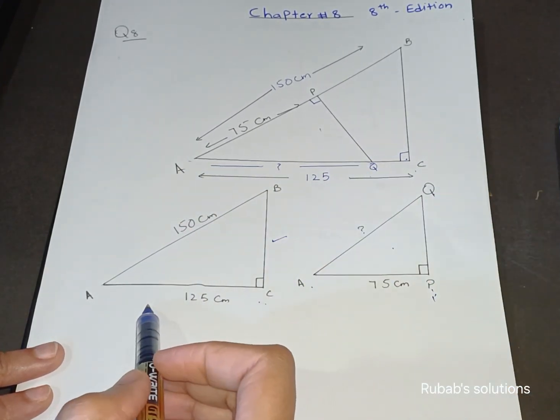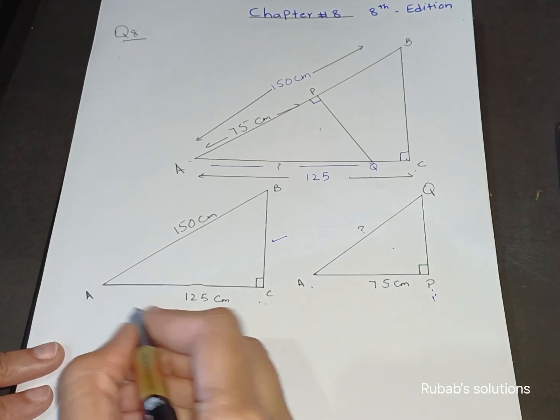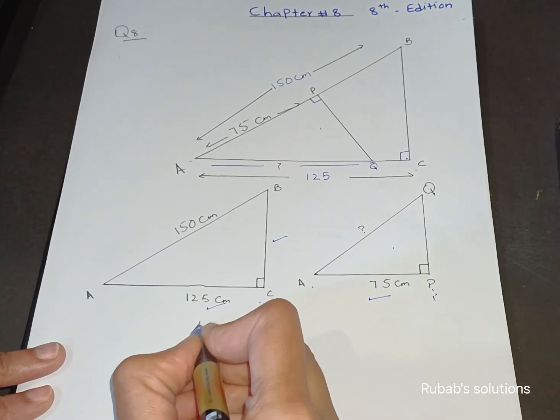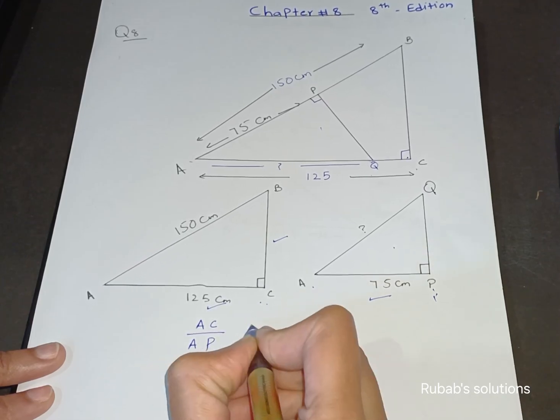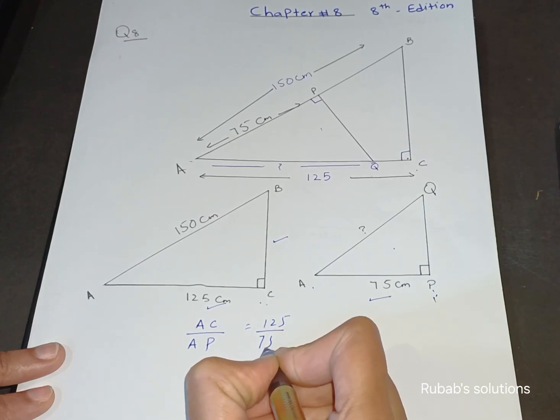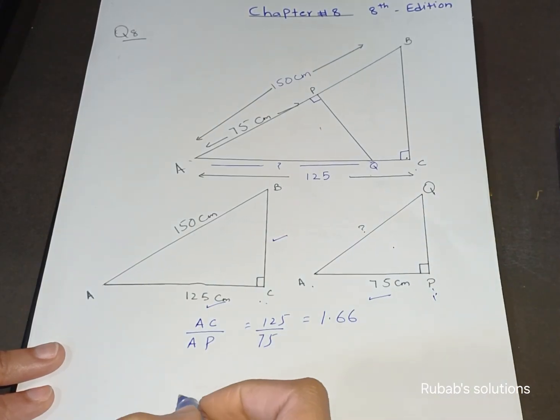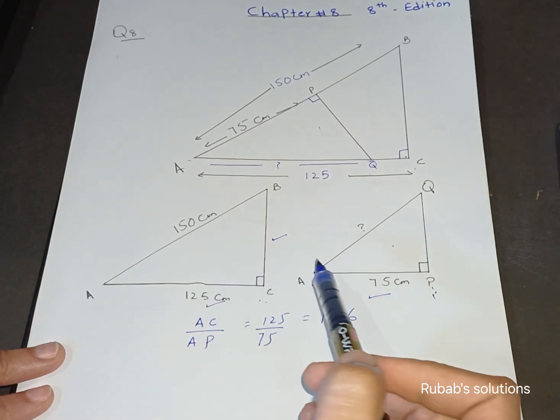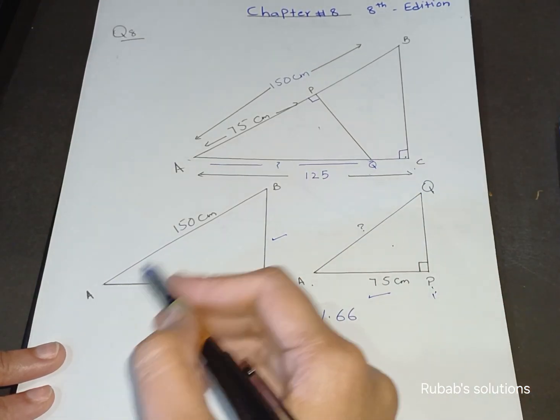First of all, I will see which two corresponding sides are given, this side and this side. From there I will find the common ratio, AC divided by AP. This is equal to 125 divided by 75, and the answer is 1.66. I got the common ratio. Now I can find AQ easily.